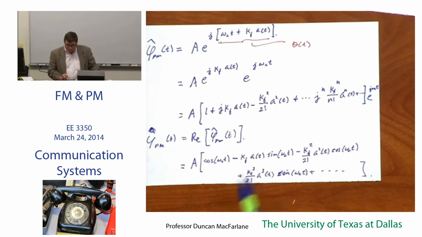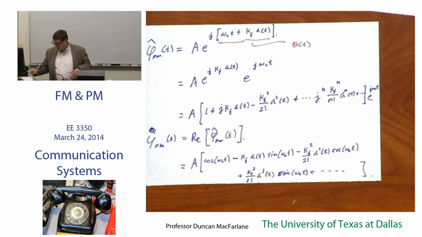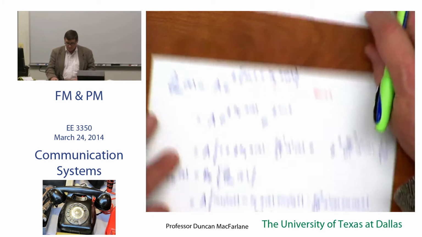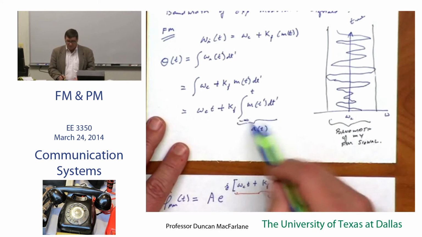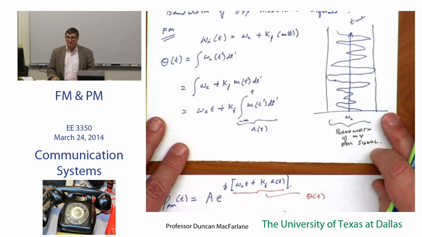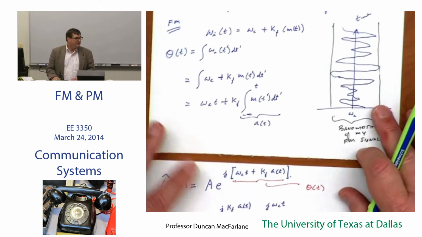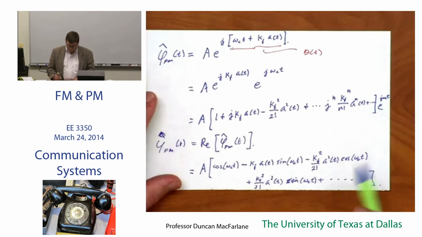But there's a problem. And look at what's happening to this A of t. And that A of t is the message signal. It's the integral of the message signal, but I won't split hairs with you on that.